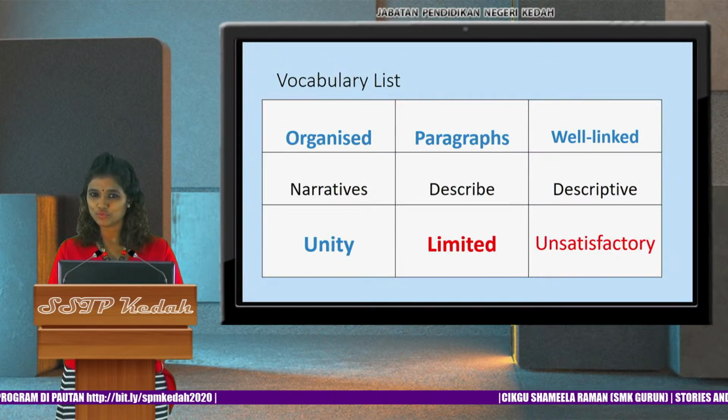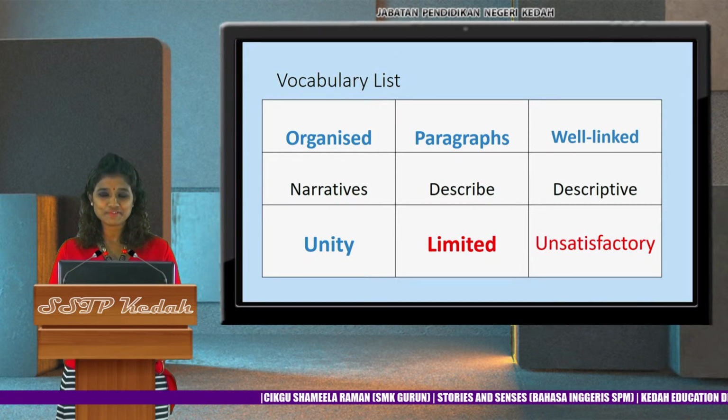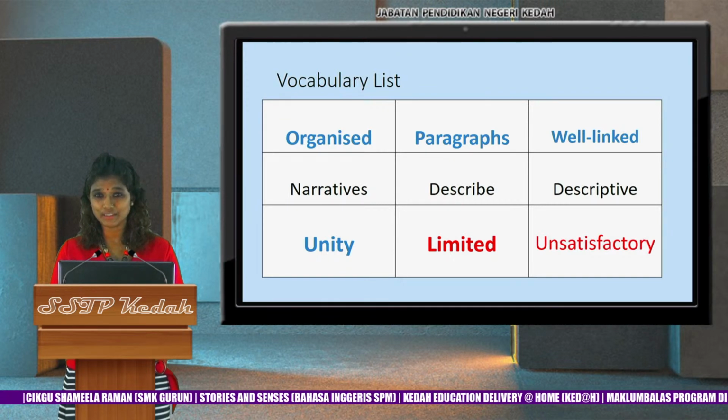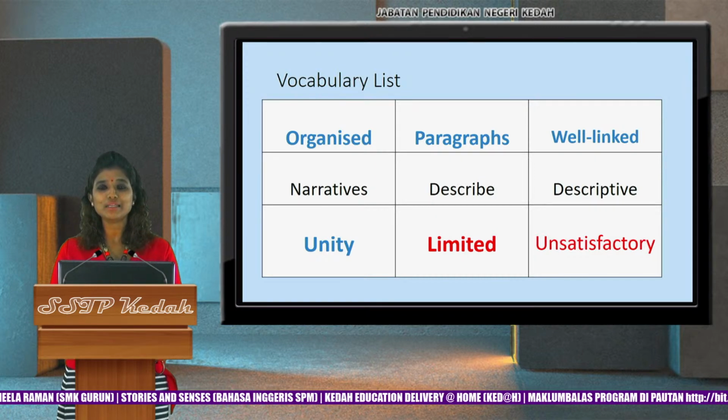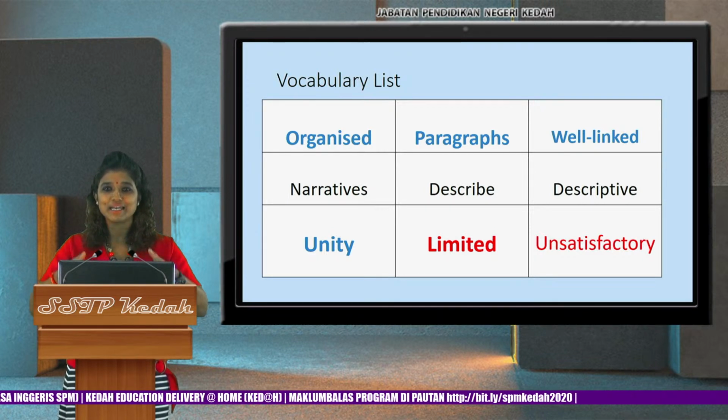Before I move on, I want you to look at these few words I've picked. Organized, paragraphs, well-linked, unity. All these are in one color because they are positive. These are what you need in your essays. Each paragraph will have points, and the points must be well organized and well linked.